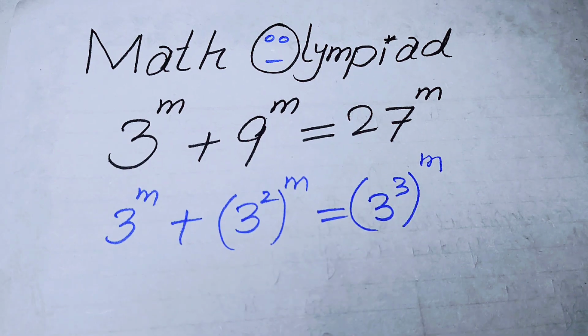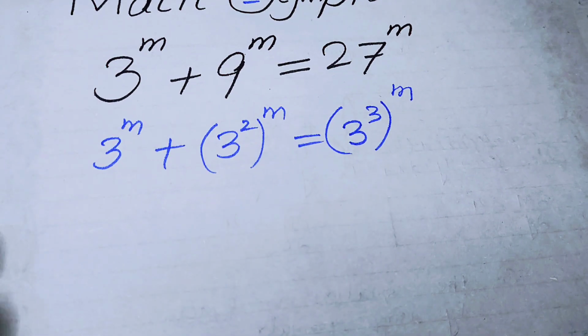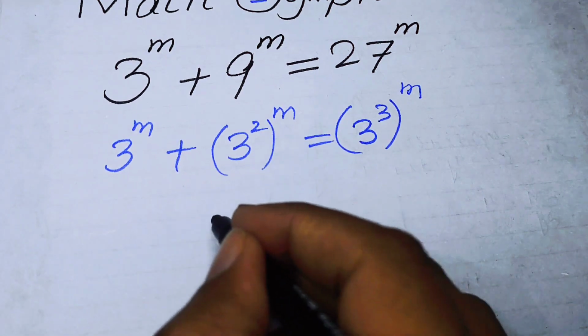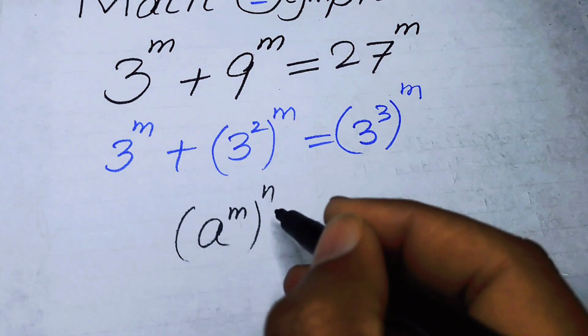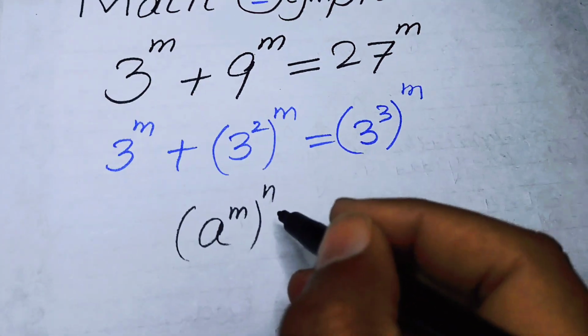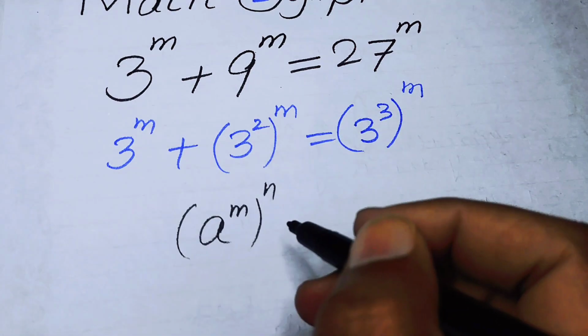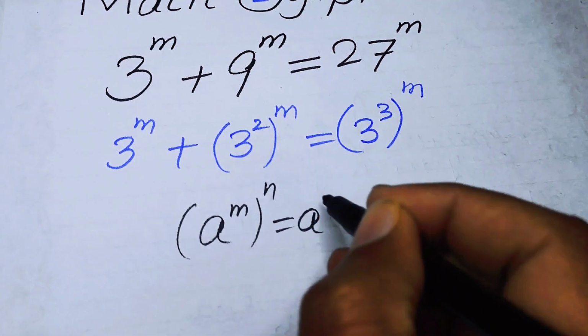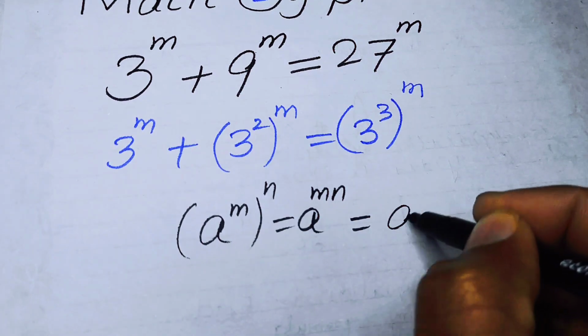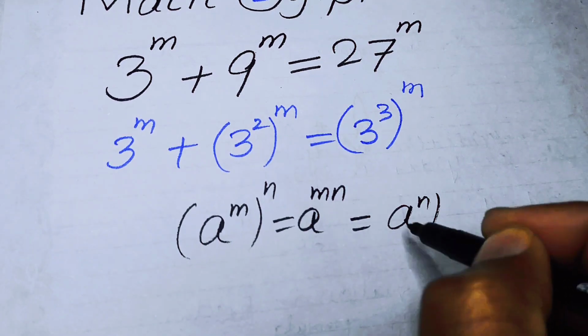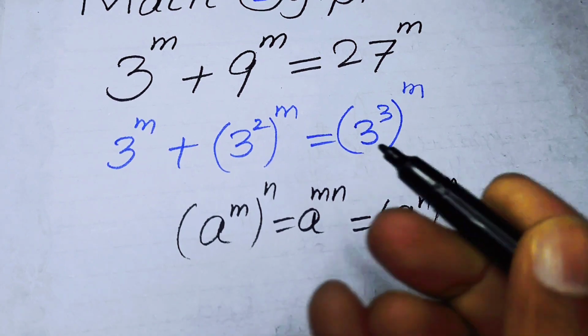So after that we can apply here some important exponent law, and you know that if we have a to the power of m to the power of n, it is equal to a to the power of m times n, and if we interchange these exponents, then it will again give us the same answer.